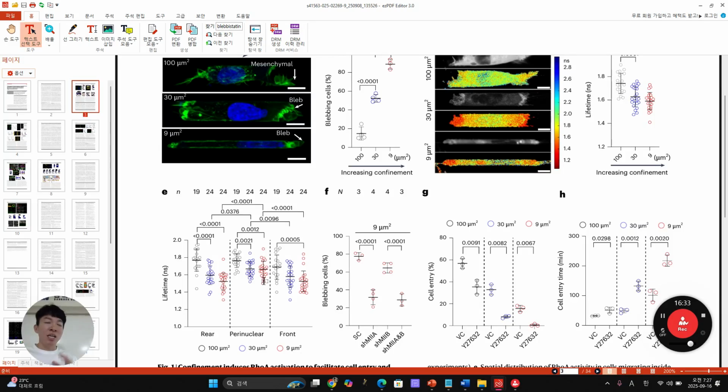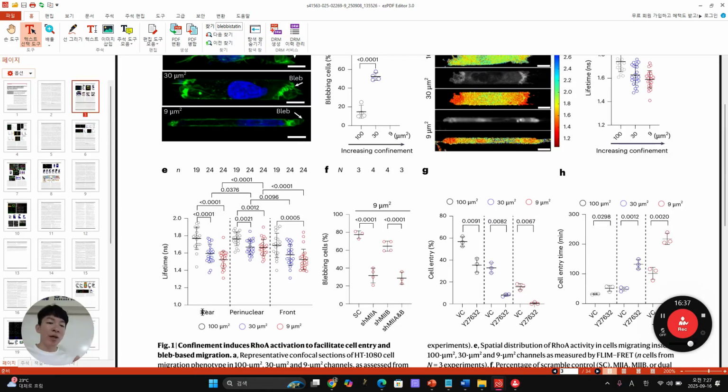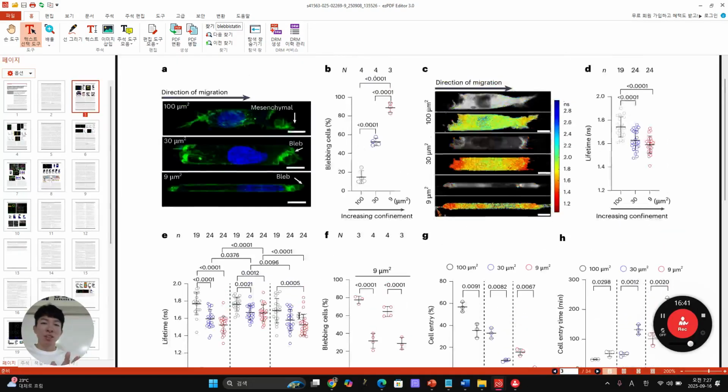And then they quantify in very much detail, like the rear part, perinuclear part, front part. So this is what I want to highlight for you guys. Most of the time, okay, for this, you have to do a lot of experiments, live imaging. You got this data, okay, but this is not the end of things. Because when you see this structure, maybe at 1 micrometer it's probably similar, but at 30, can you see that?